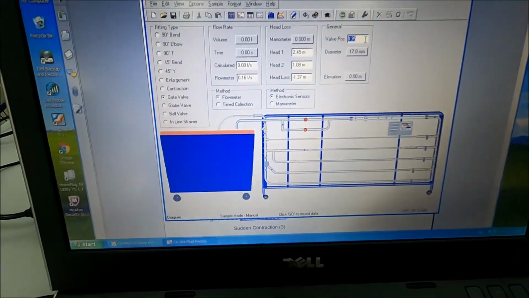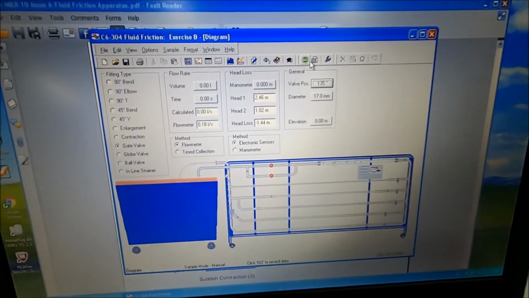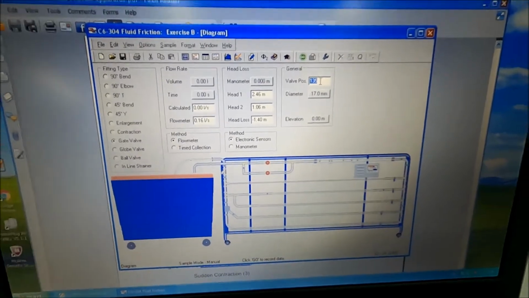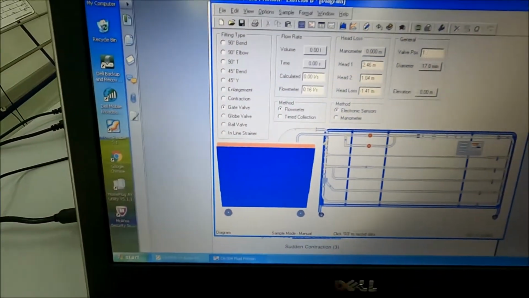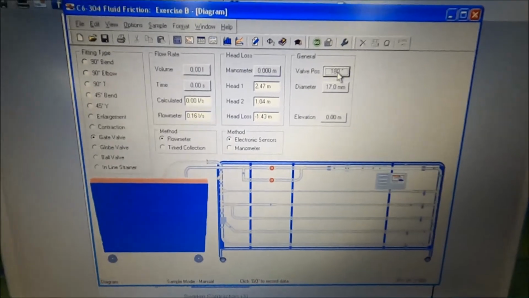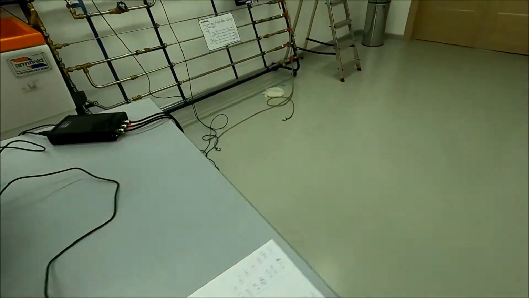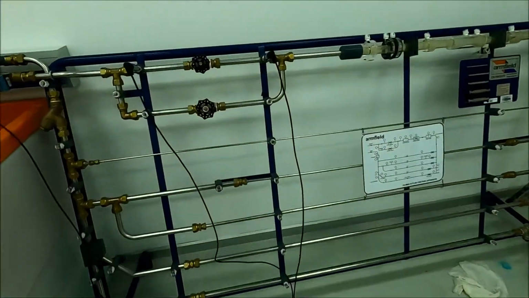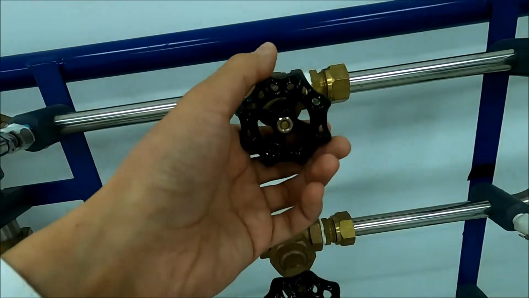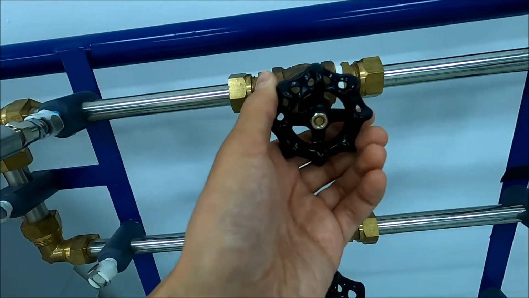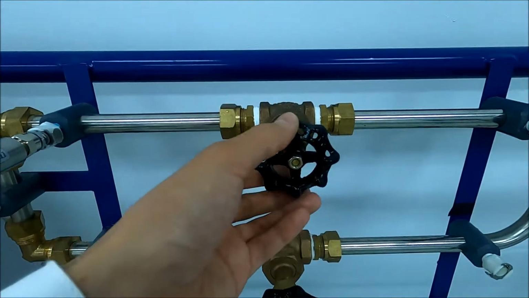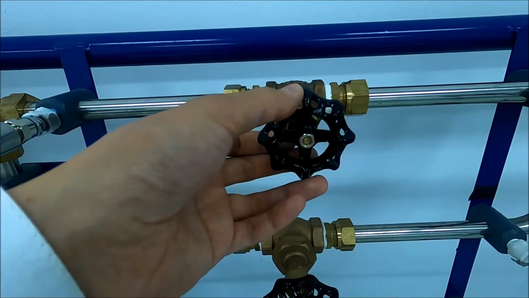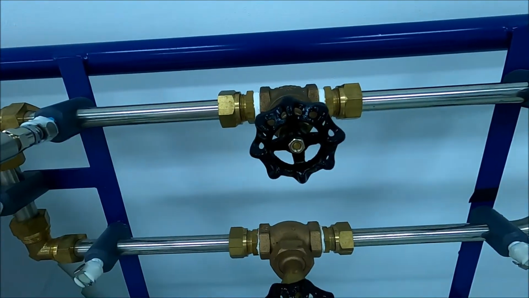Take a reading for 135 here and change to 180. Now the valve is open at 180 degrees.